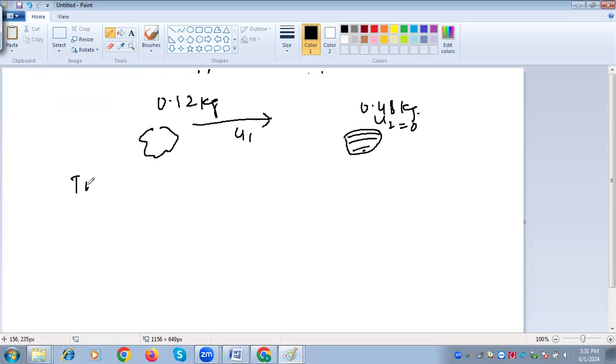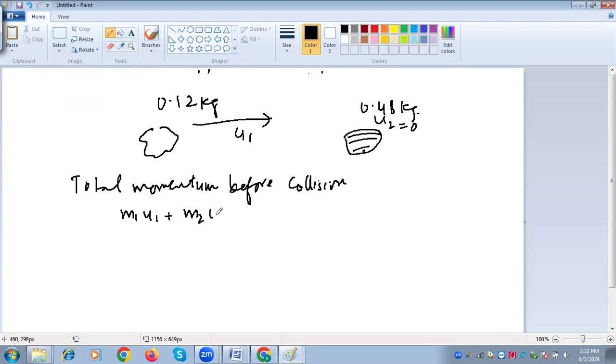So total momentum before collision is equal to M1U1 plus M2U2. 0.12 into U1, velocity is not given, plus M2 is 0.48, but its velocity is 0, so its momentum is 0. So what is the total momentum before collision? 0.12 U1. And after collision, the soft object stops.